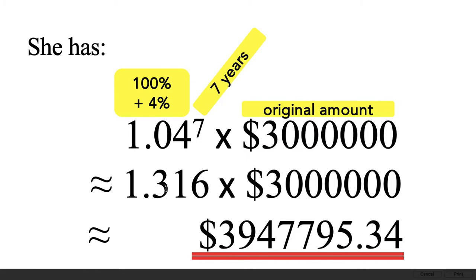That gives you 1.316 approximately. Then times the original 3 million gives you that she's got $3,947,795.34. A little bit of rounding is taking place here, obviously, because these numbers go beyond 2 decimal places, but money in real life just stops at 2 decimal places.